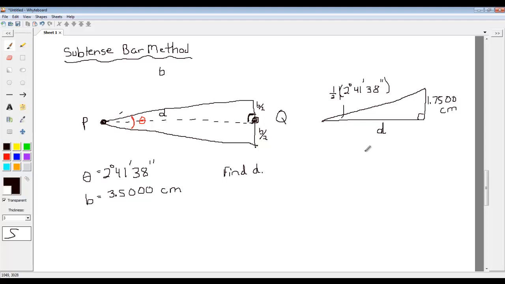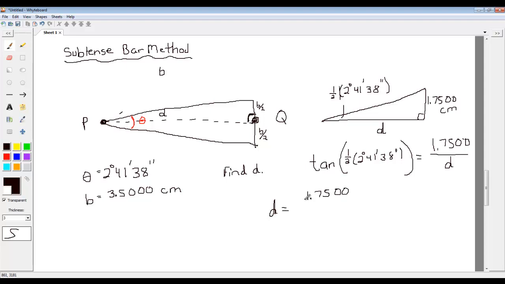Let's see. Tangent is opposite over adjacent. So the tangent of half of 2 degrees, 41 minutes, 38 seconds is equal to 1.7500 divided by D. We'll multiply both sides by D, and then divide both sides by tangent, and you get this.